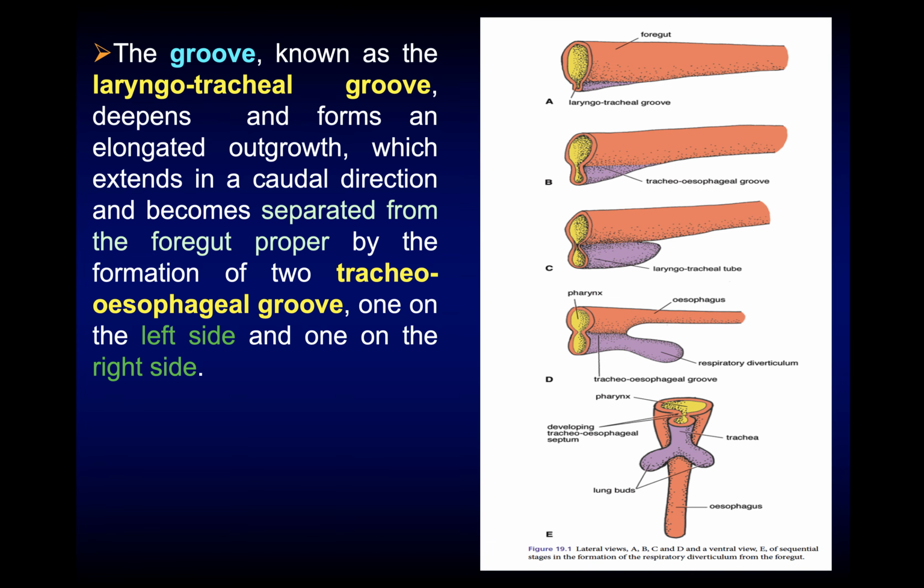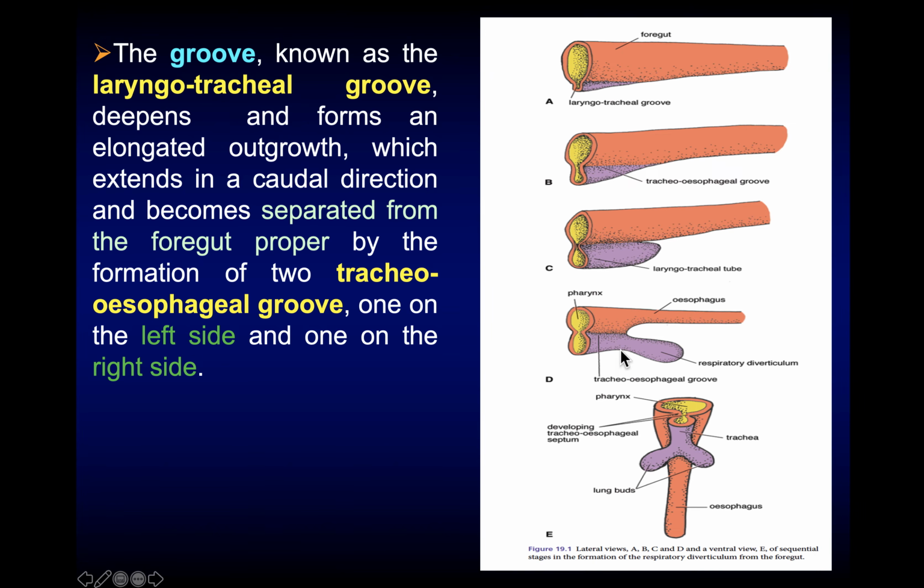This groove, as we can see here, is going to deepen, then is going to elongate, which forms an elongated outgrowth, and this extends caudally. Later, there will be a separation between the foregut and the primordia of the future respiratory system, which is the area of the laryngotracheal tube.